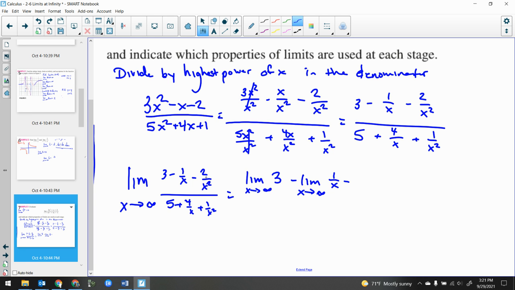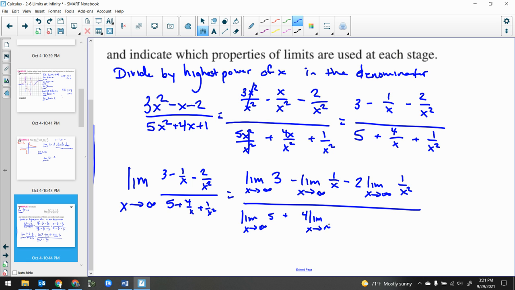I can pull out this constant 2 to make this 2 times the limit as x goes to infinity of 1 over x squared, all divided by the limit as x goes to infinity of 5 plus 4 times the limit as x goes to infinity of 1 over x plus the limit as x goes to infinity of 1 over x squared. Now, why am I doing this? I'm doing this for emphasis here.